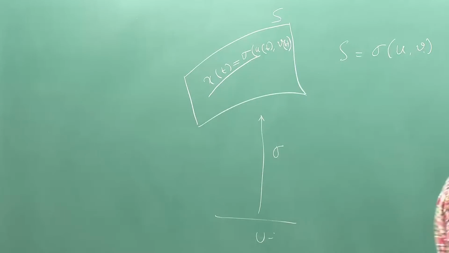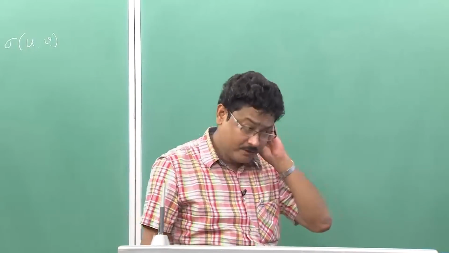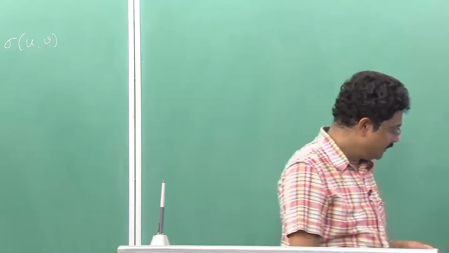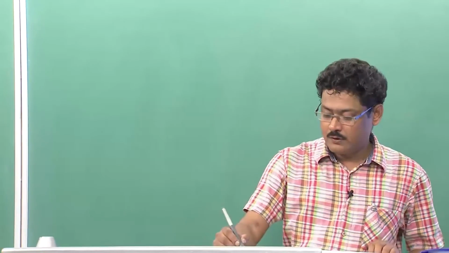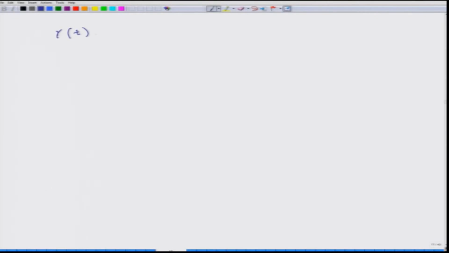So, the first thing we know about a curve: I have gamma t equal to sigma u t, v t, which is part of a curve, or the full curve, on sigma. This is our one surface patch we are looking at.